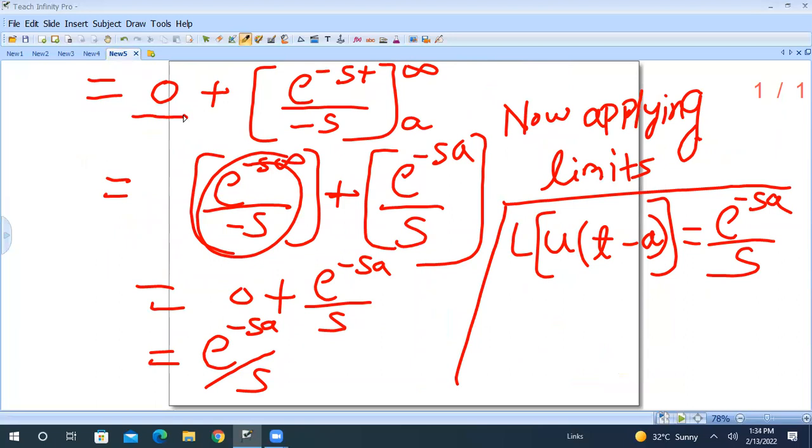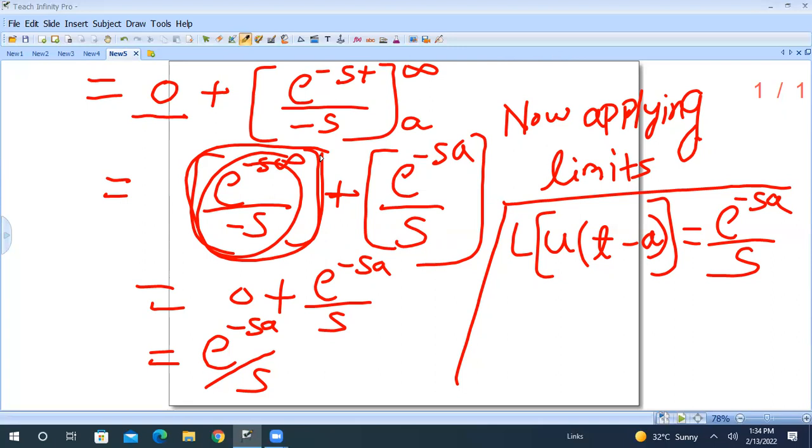So next term, e to the power of minus st divided by minus s, with limits a to infinity. When we apply this, the previous whole term becomes 0 because e to the power of minus infinity is 0. Consider the remaining part, e to the power of minus sa divided by s.